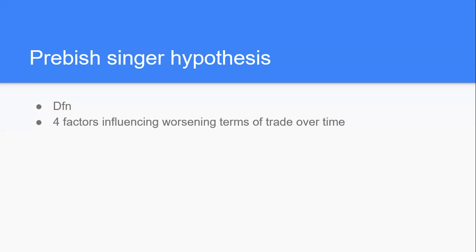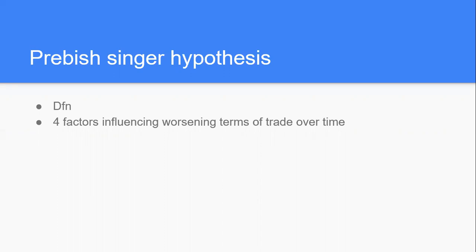Now, the Prebisch-Singer hypothesis basically said that the value of a commodity exported by developing countries relative to commodities exported by developed countries has been declining or lowering over time and even worsening.